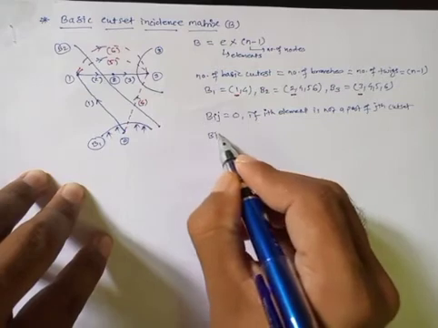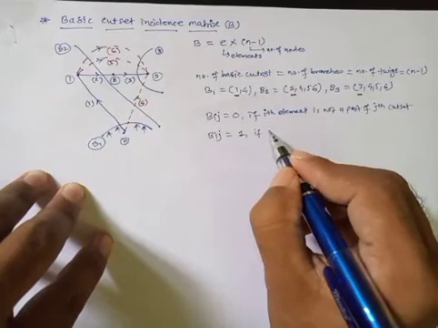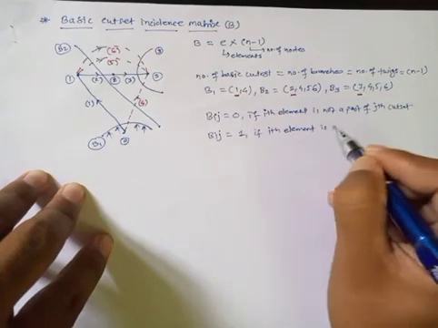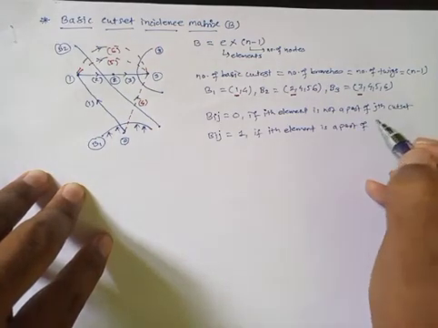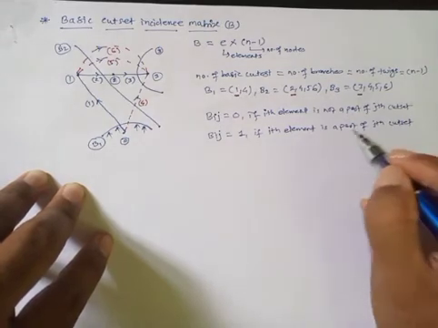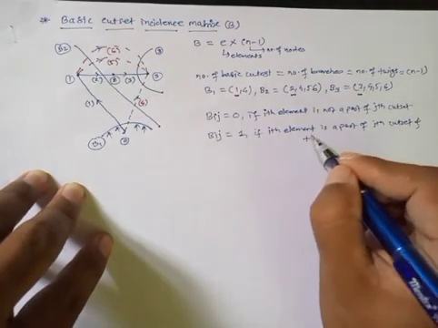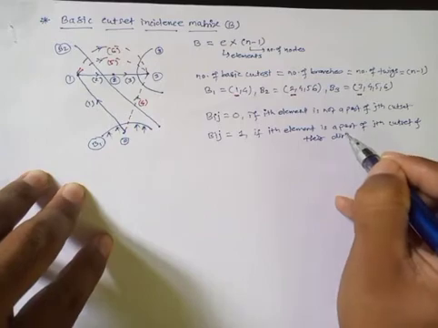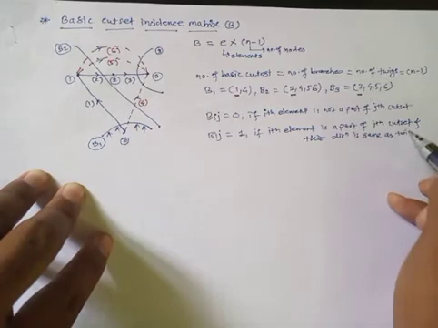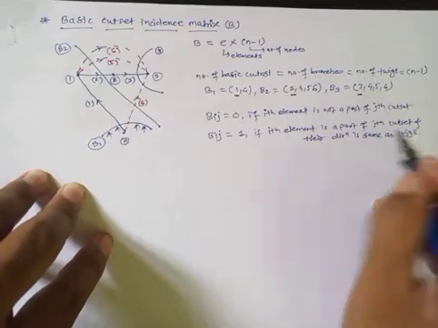Bij will be plus 1 if the ith element is a part of the jth cut set and their direction is the same as that of the twig, meaning the direction of the branch.